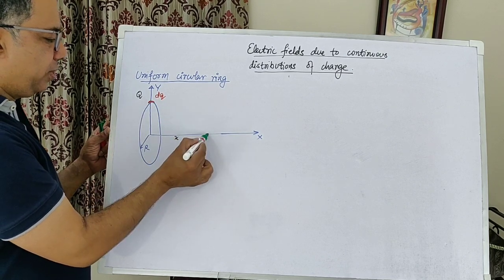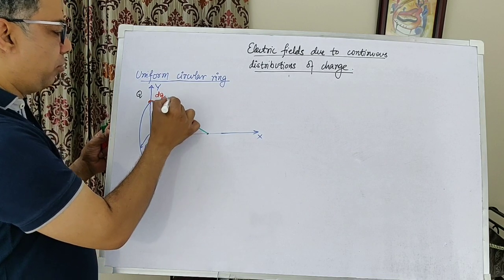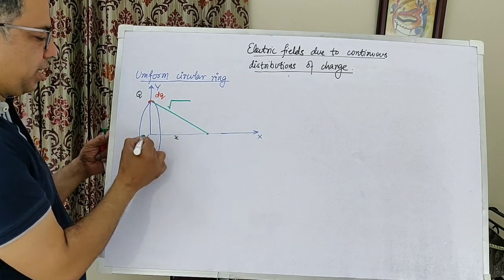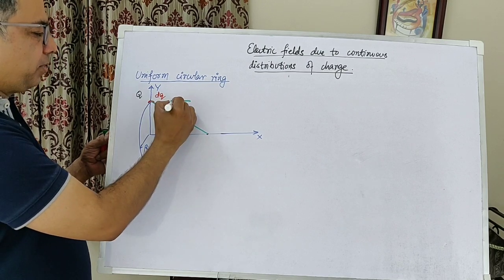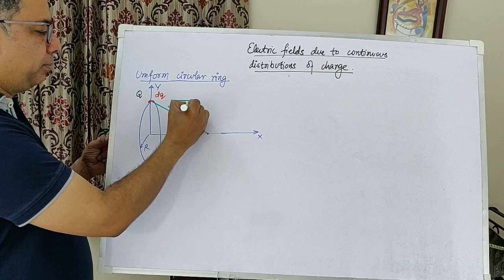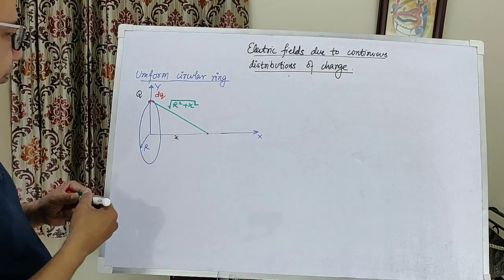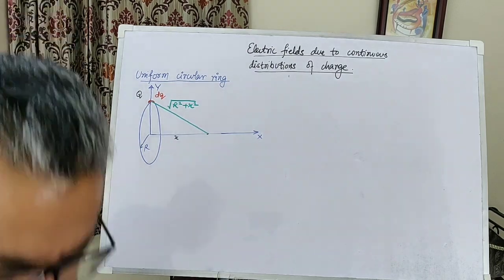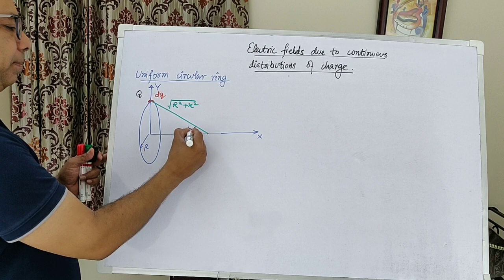Now the distance of this point from this point charge is, this is a right angle triangle, root of x and r, so this comes out to be root of r square plus x square. The angle here is, let's say, theta.